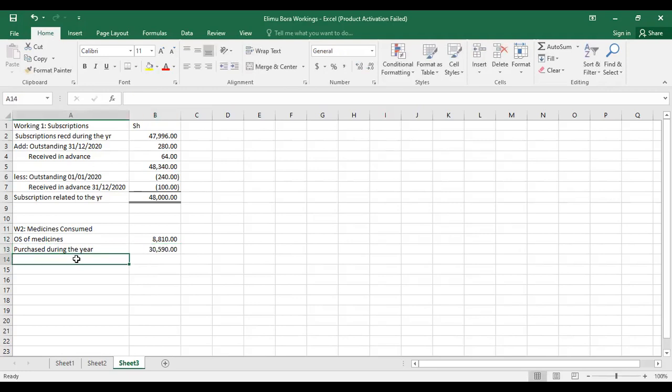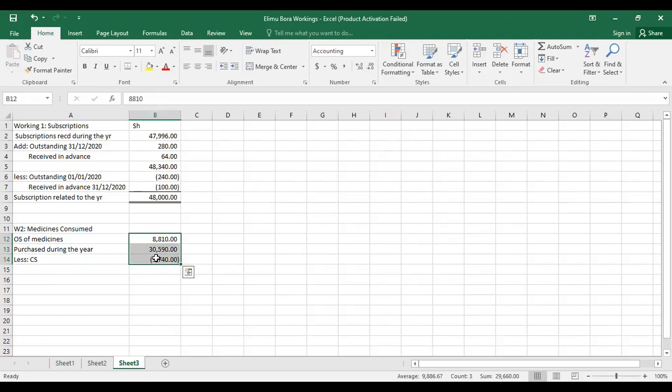Have that figure. Then I have the closing stock, so I less the closing stock. Now my closing stock is 9,740. I can put this in bracket.